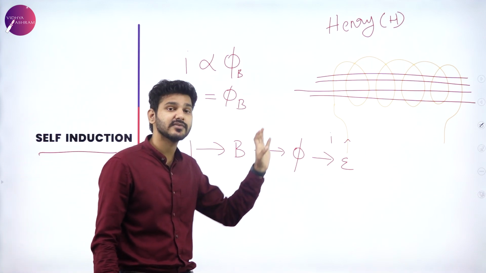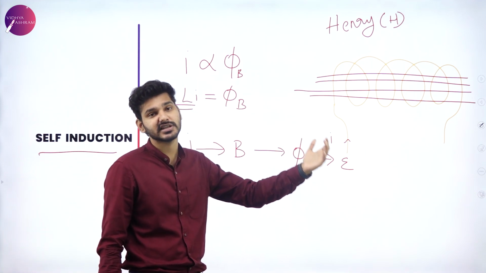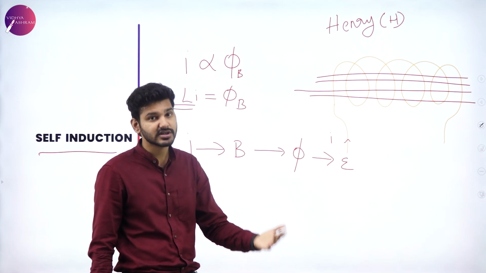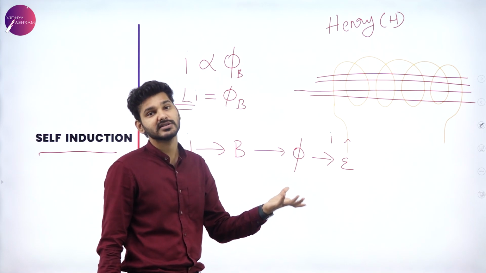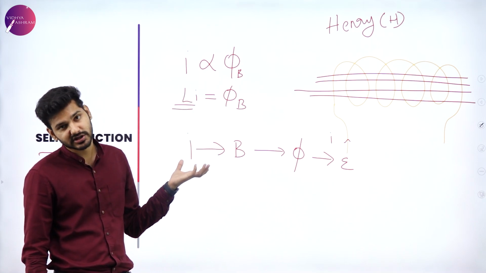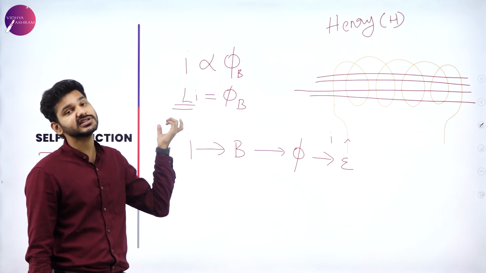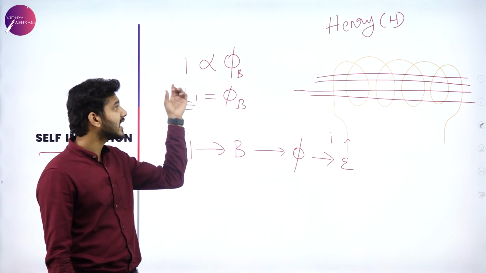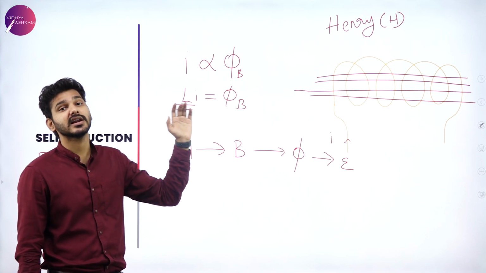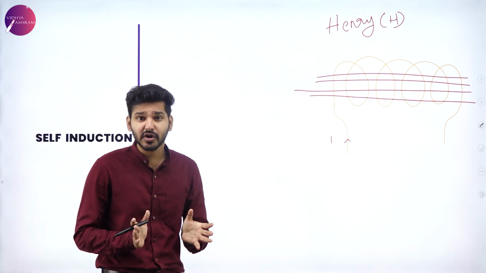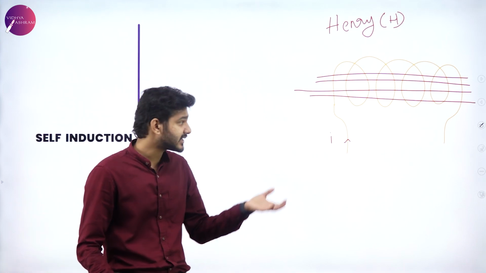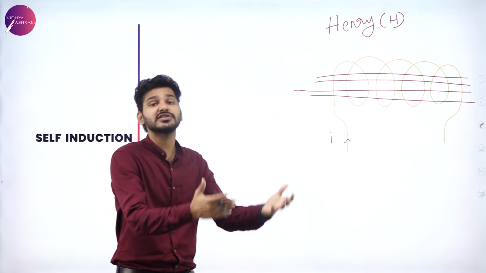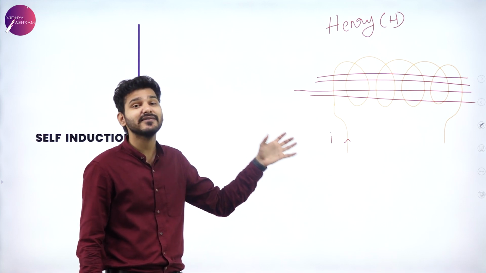When current associated with the coil changes, the magnetic flux associated with that coil changes, and an EMF is induced, and this phenomenon is known as self-induction, and this constant is known as self-inductance, the constant of self-inductance, and the relation comes from I being directly proportional to phi B. So just now I told you what self-induction is. That is, if I change this current, there will be a force trying to oppose that change. That is known as self-inductance.